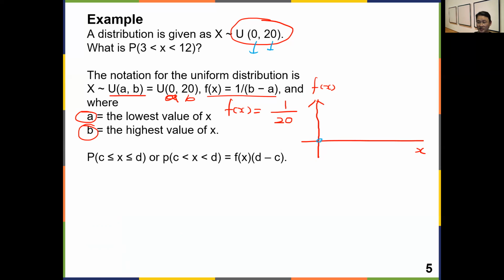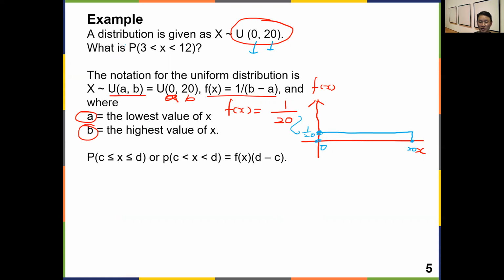So let's say 0 is here, and let's say 20 is here. Then we are talking about this straight line and this rectangle shape. And that point right here is going to be 1 over 20. This number right there, right?